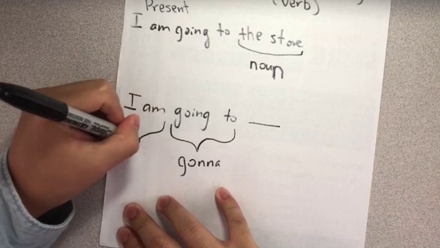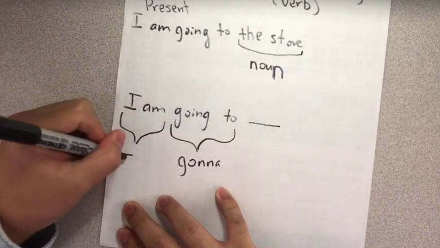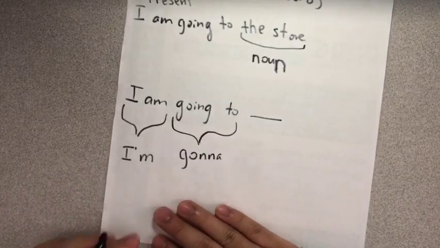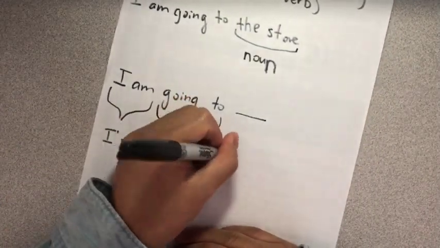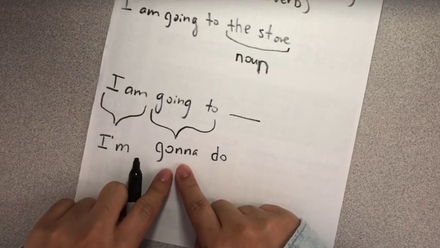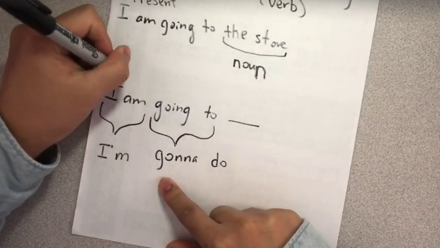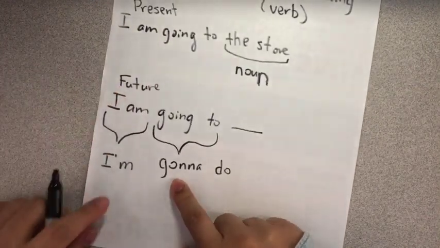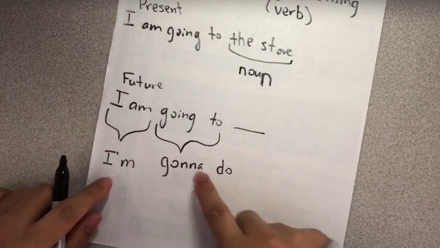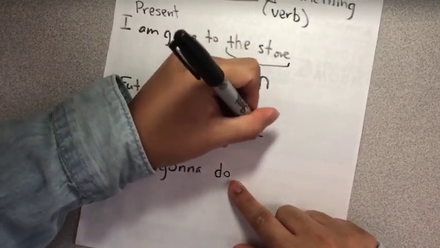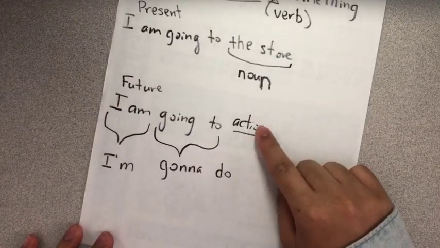And if we put I am together, we get I'm. So we have I'm gonna do. Now, we use gonna only for the future. We only use gonna in the future because this is only for actions. We only use gonna for actions.